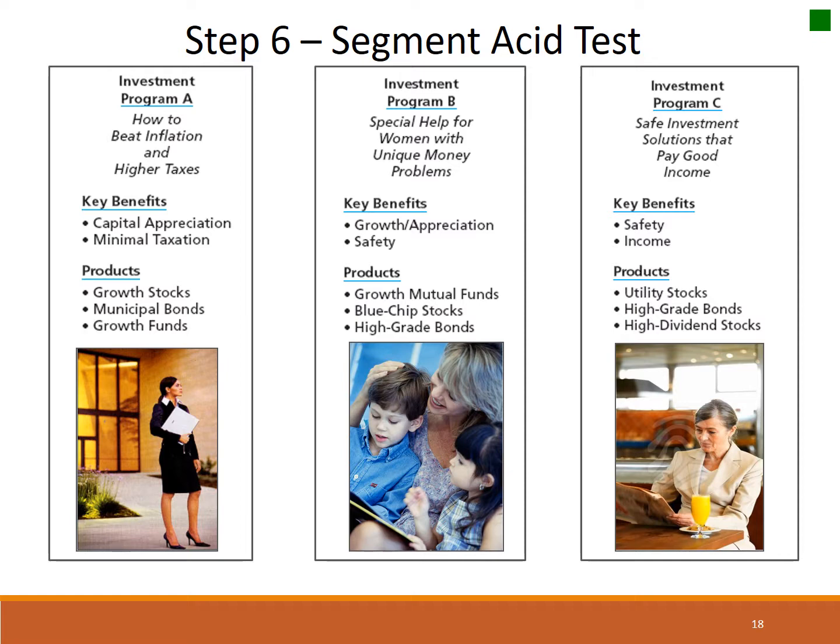And we would do some research and we would gain feedback as to whether this program seemed like it was appropriate for them. So the acid test concept is really a positioning statement and a product positioning test, a form of market research that can be done.